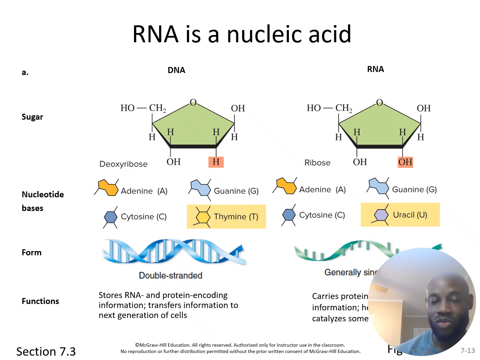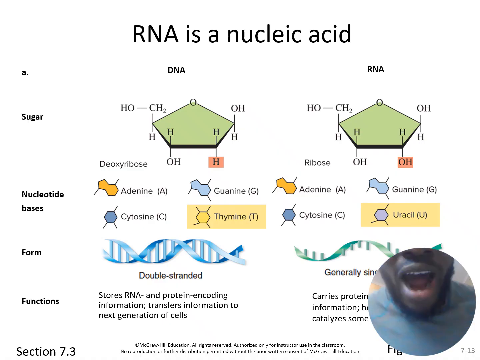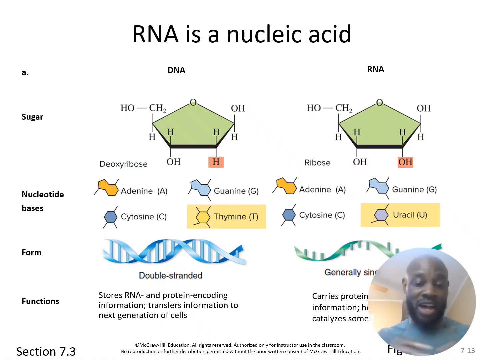RNA is single-stranded. The purpose of RNA is that DNA stores our genetic information, but when we're going to copy a section of DNA, copy a gene, so that we can use that copy to make protein, we don't copy both strands of the DNA. We copy one strand of the DNA into a single strand of RNA, just as long as we need.